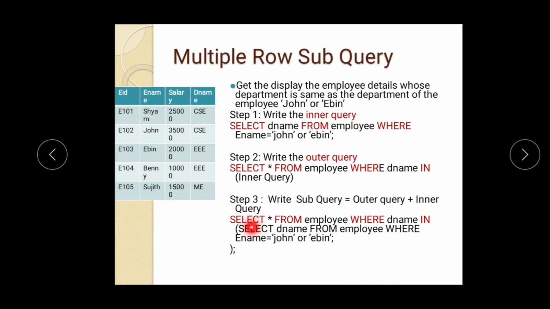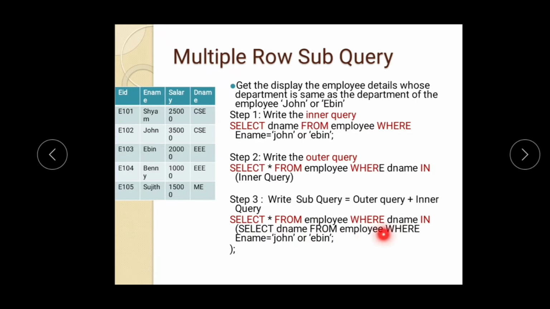So this is the query. Select star from employee where department name, D name, IN. It is the operator used to connect the outer query and the inner query. Inside the open bracket we write the inner query: select D name from employee where employee name, E name, equal to John or Eben. Why have we used the operator IN?